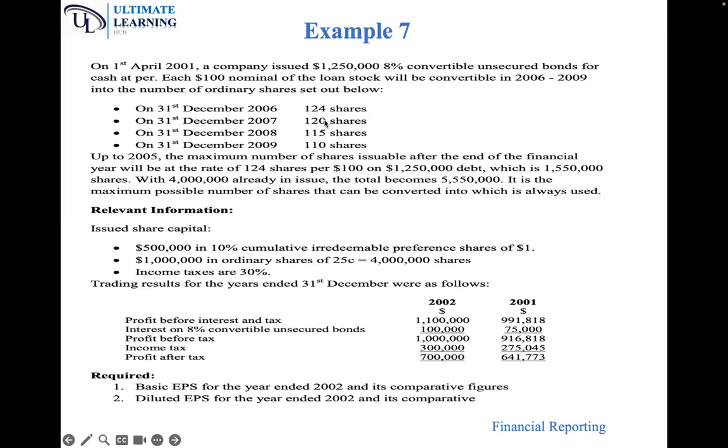So the best option in this case for the loan holder is to have $100 at 124 exchange rate. So up to the year 2005, which is before 2006, the maximum number of shares issuable after the end of the financial year will be at a rate of 124 shares per $100 on the 1,250,000 debt.